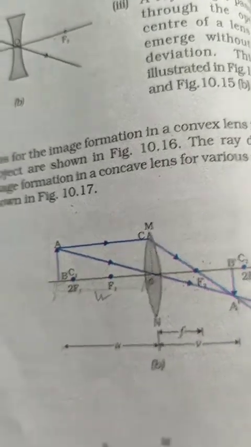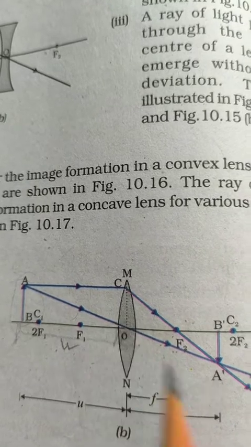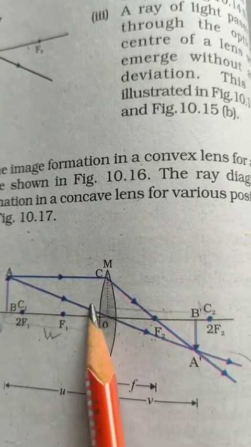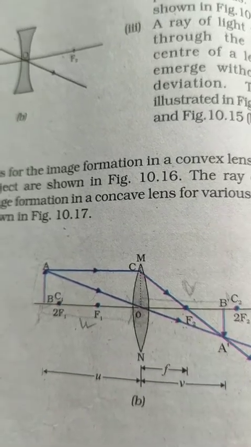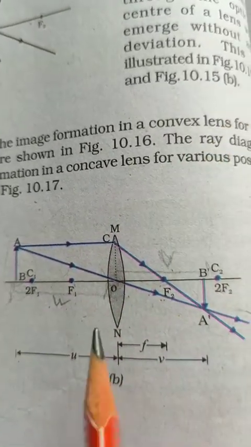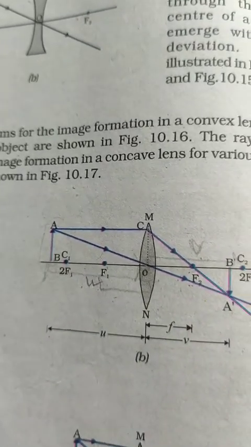Now what is the image distance? If I ask you, you see the optical center and you see point B dash, the distance between both is known as the image distance. And what is the focal length? The distance between O and F2, or the distance between O and F1, it is the same thing. This is the focal length. I hope you got that.